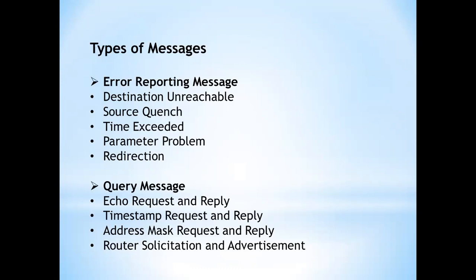So the source quench message in ICMP is designed to add some kind of flow control and congestion control to the IP. This message serves two purposes. First, it tells the source that the packet has been discarded, and it gives a warning to the source that it should slow down because of congestion that has taken place somewhere.